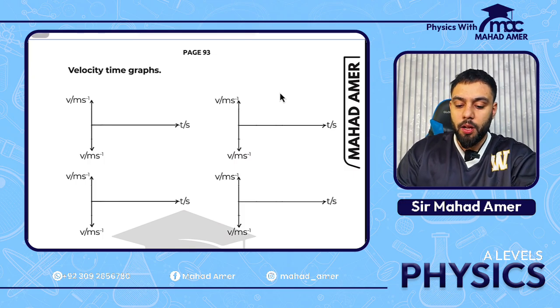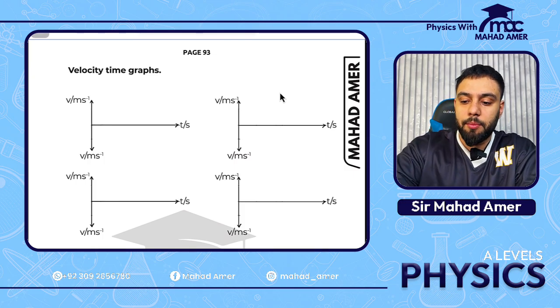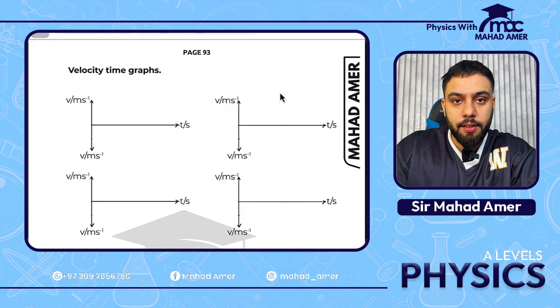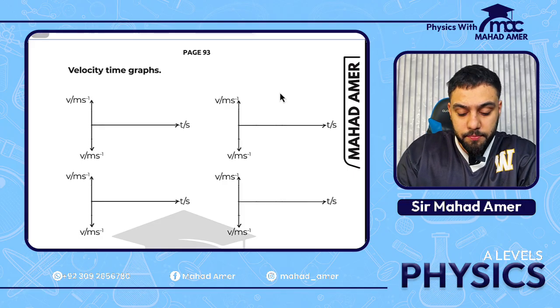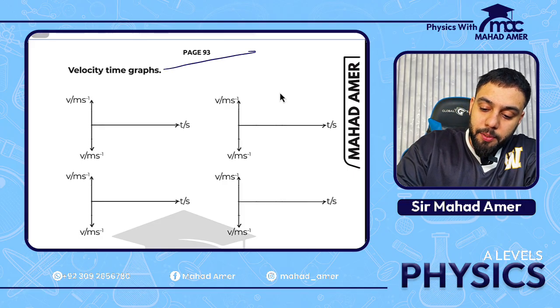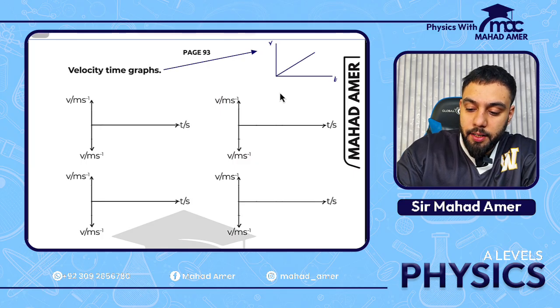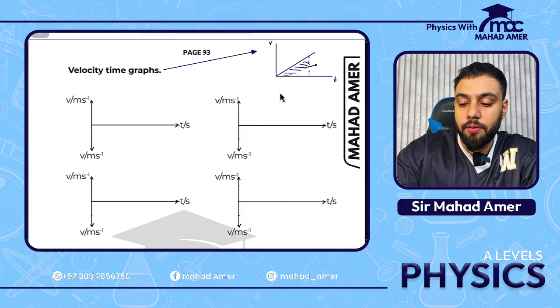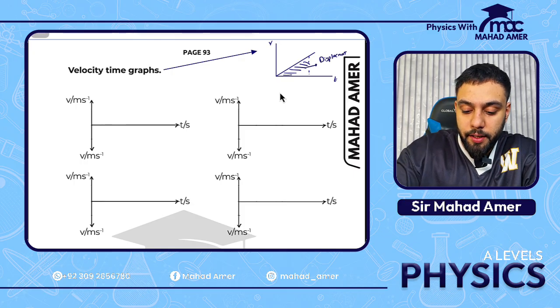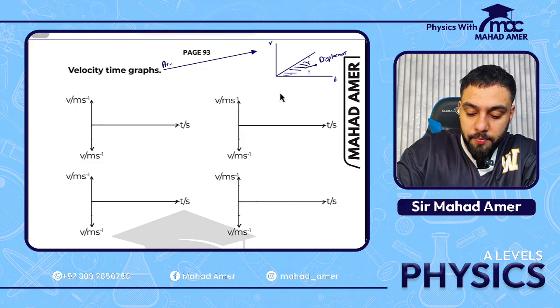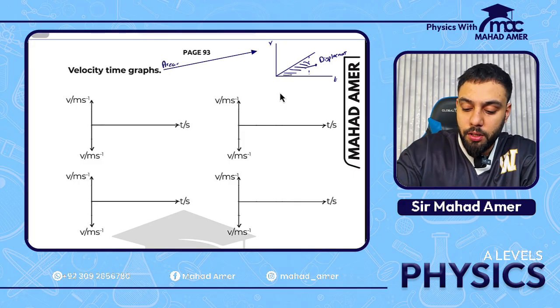Okay. Now, when it comes to velocity time graphs, guys, they are very important. There are multiple things that you need to remember. If there is a velocity time graph, the area under the graph of velocity against time actually gives us displacement. So area gives us displacement, which we have discussed in the previous lesson as well.